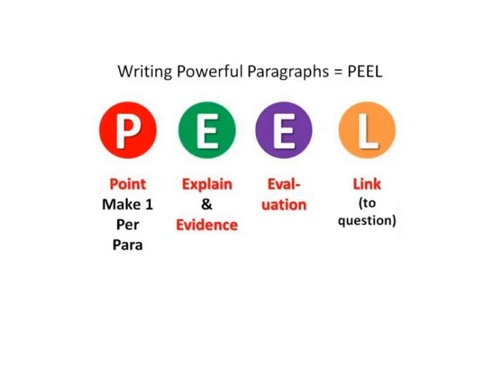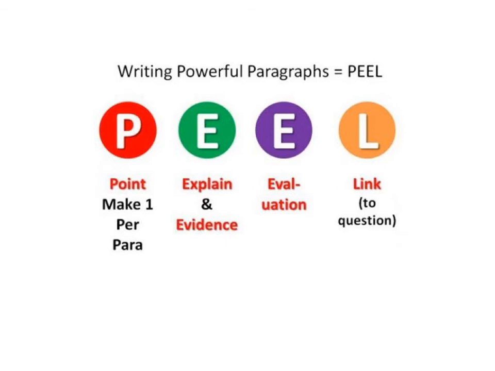Now, one way of making sure that your answer contains good knowledge and explicit evaluation is to really think about your paragraph structure. And I suggest that you use the following structure in the main body of your 35-mark question. So make sure that each paragraph starts with a clear identification of the point that you're going to discuss in your paragraph.